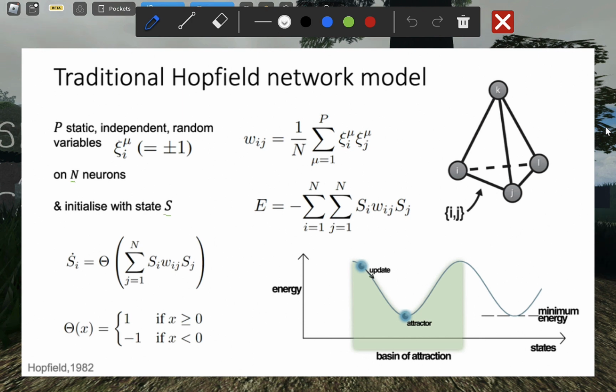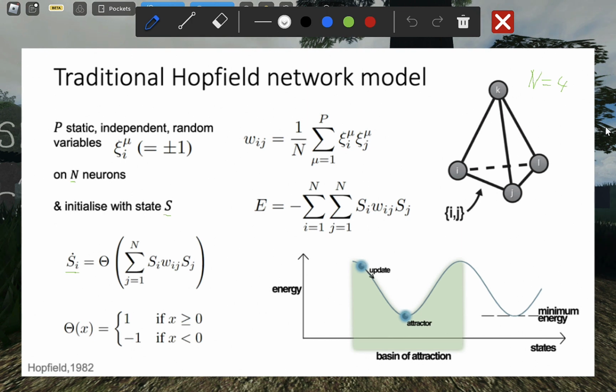Then we update the state according to this update rule, where you put it through some threshold, looking at some neuron i and all the neighbors j in the network. The network looks like the picture in the top right, an example where N equals 4, with 4 neurons labeled i, j, k, l.